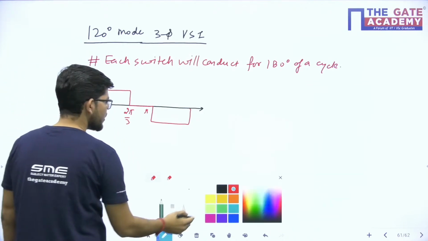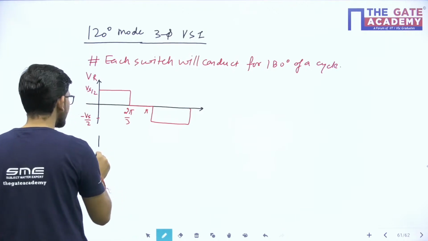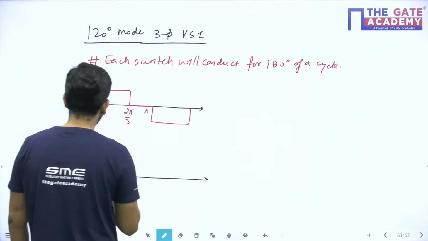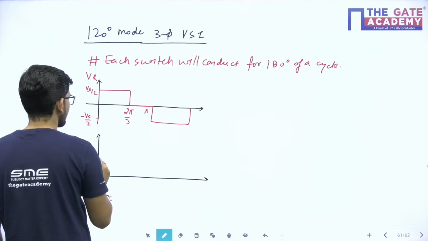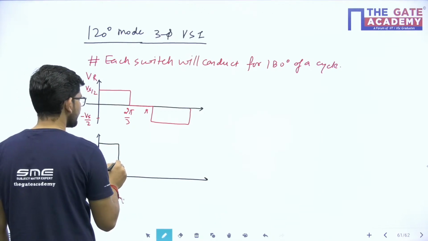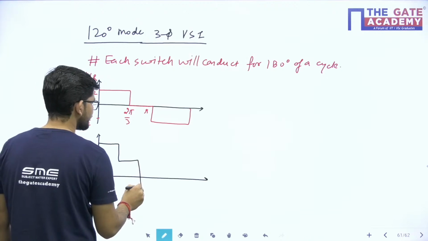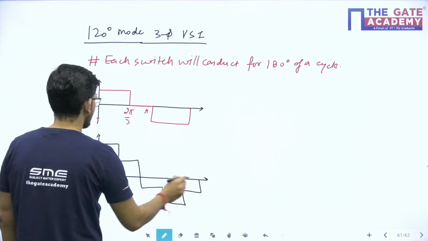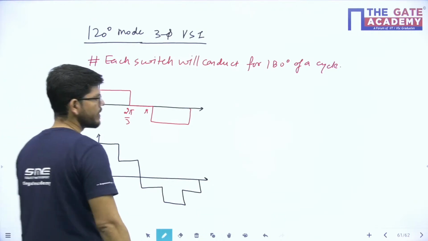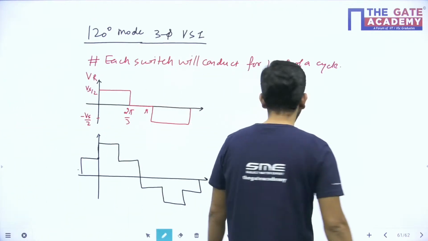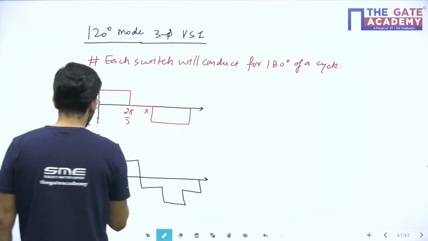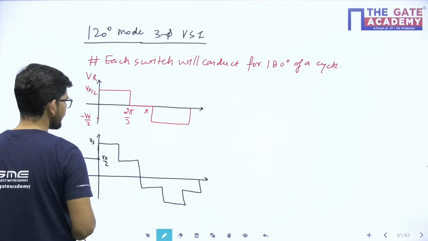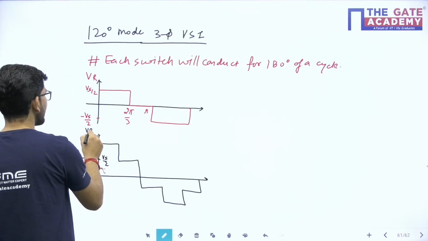And if I talk about the line voltage waveform, then my line voltage waveform will be something like this. This magnitude that I am having is Vs by 2 and Vs. This value is Vs by 2, this value is again Vs. So this is my line voltage.